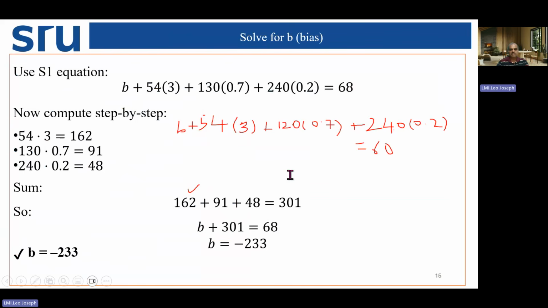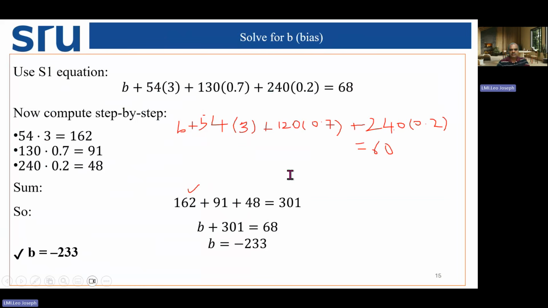This value has no change. This value, 84, we already computed, and this value is minus 234. If you put all these values, automatically you will get 60 only, no change.